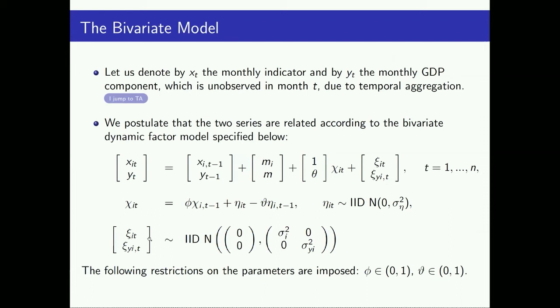Then we need to impose independence between the two idiosyncratic components. And also we need some restriction to the parameters related to the ARMA structure of the model. Sorry. That's the idea.